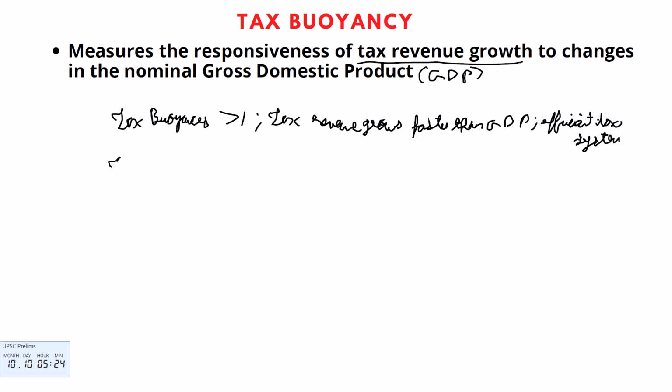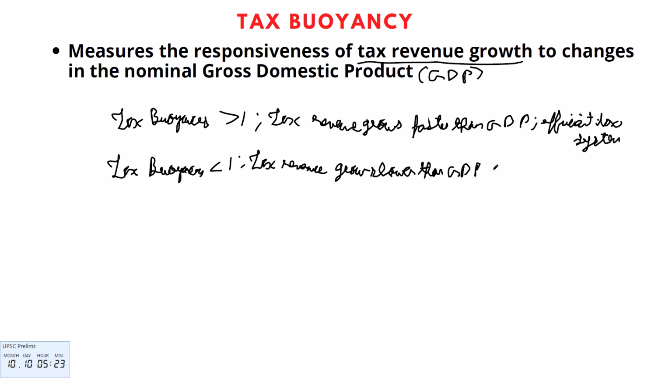Same way, if the tax buoyancy is lesser than 1, tax revenue grows slower than GDP. So it indicates an inefficient tax based system.